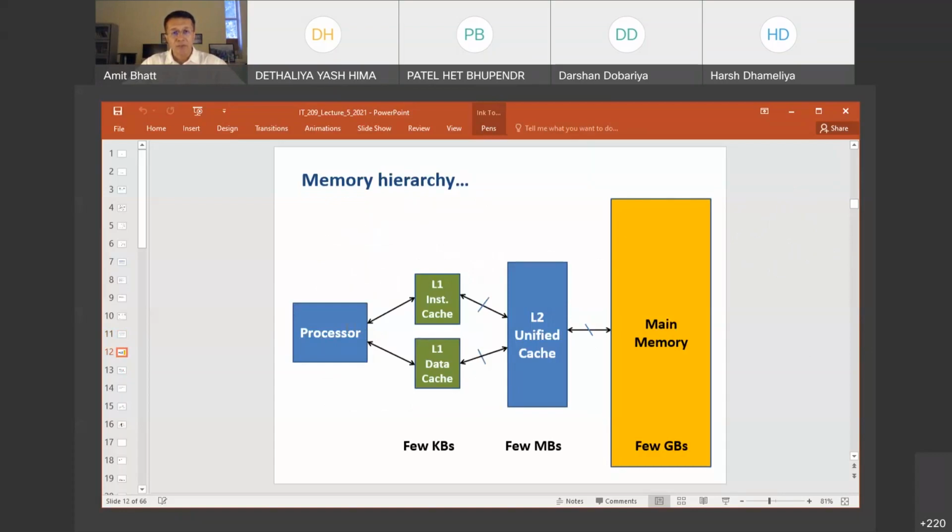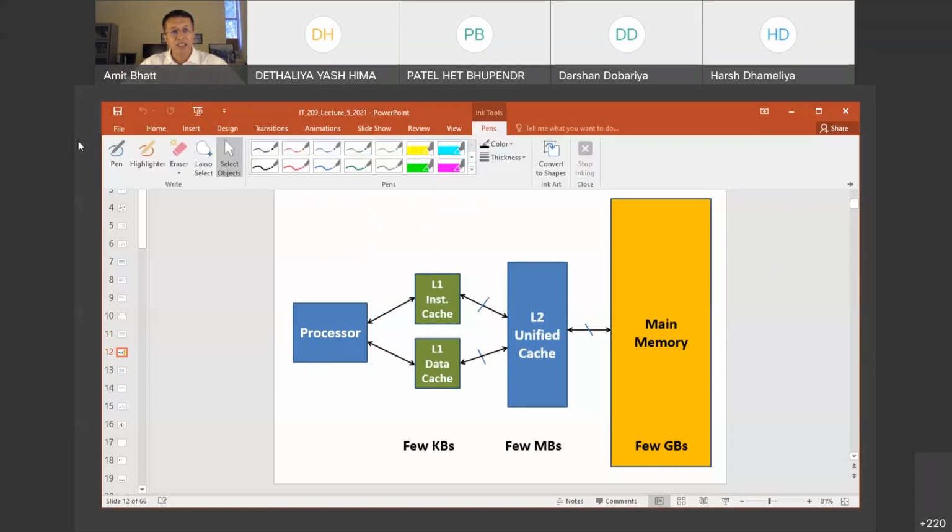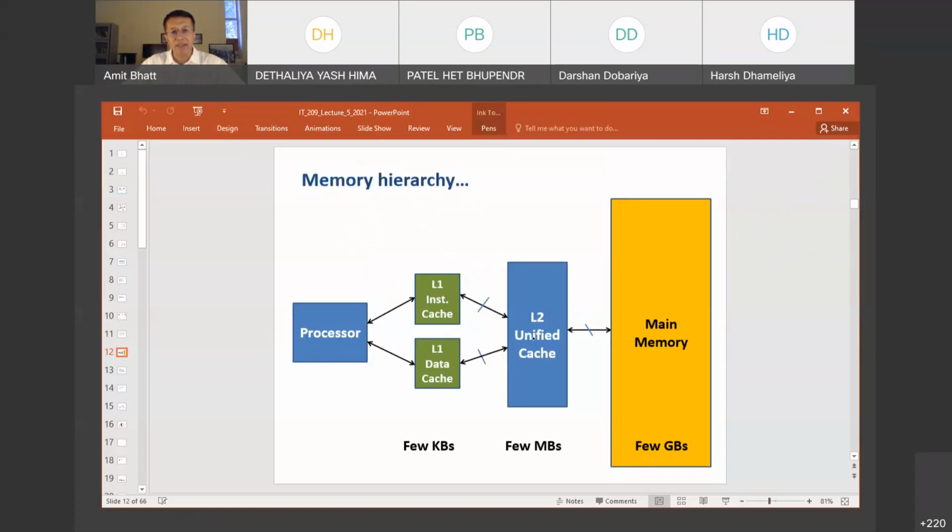So this is your processor. The processor has 2 independent caches at the first level; they're always independent. So you've got the L1 instruction cache, which you can also write in short as L1 $, and this is for instructions.